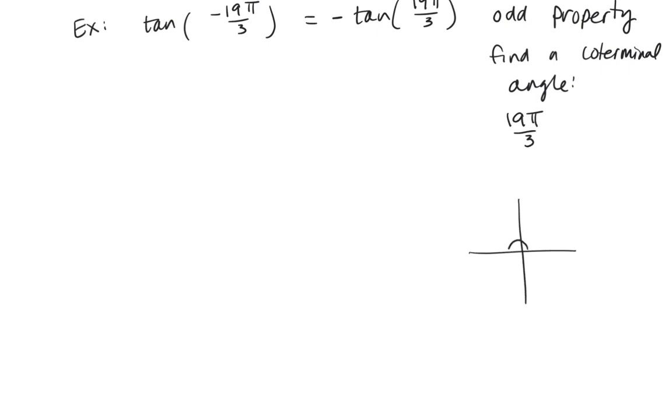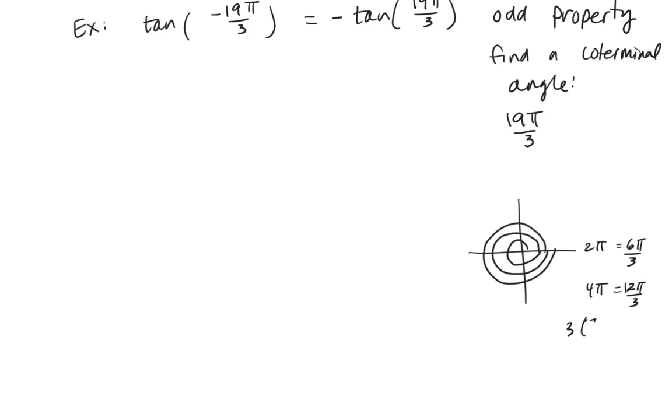All right, so this would be 2 pi, which is the same thing as 6 pi over 3. 2 rotations, that would be 4 pi, which is 12 pi over 3. 19 pi is bigger than that. Let's see.